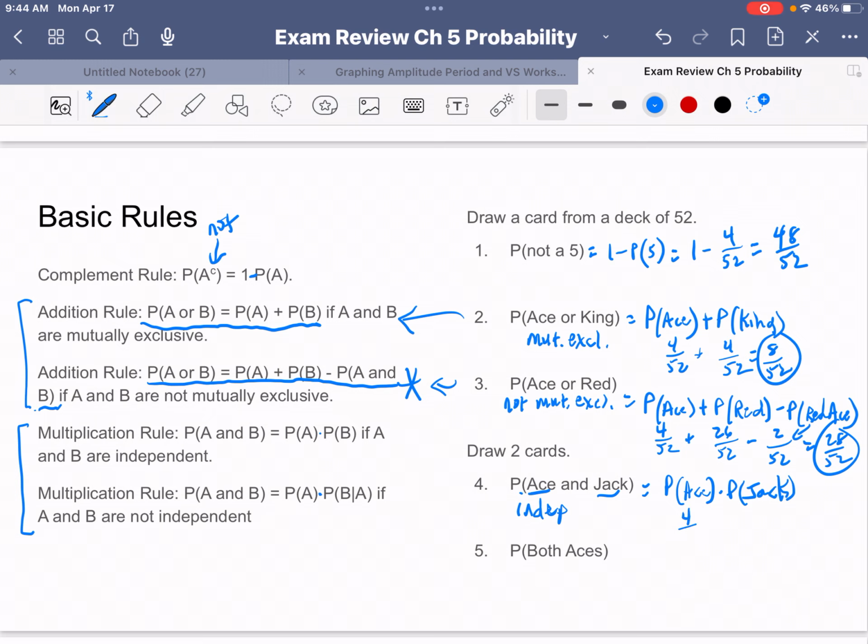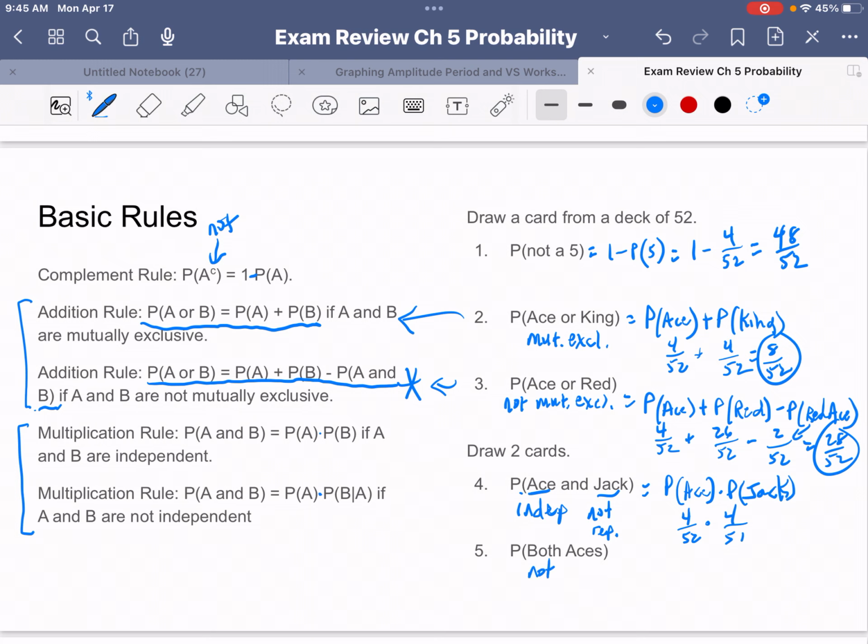So that would be 4 over 52 times, did we replace the first card before drawing the second? Or did we not replace? Well, if we did not replace, then there's a 4 out of 51 chance that the second card is a jack.